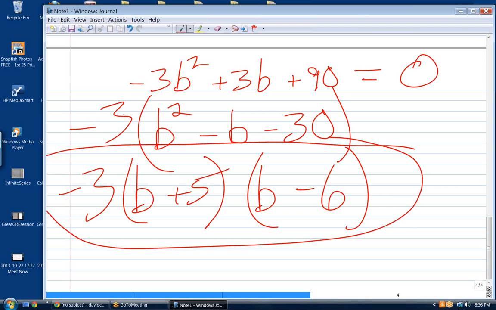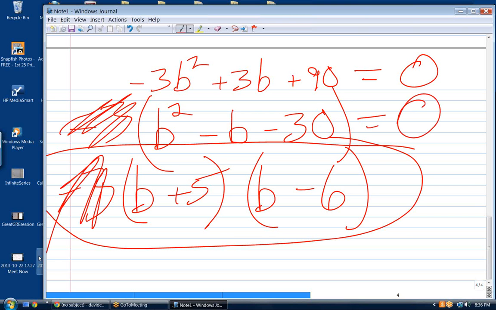So I factored out minus 3, divided both sides by minus 3, and you get this. And then you can solve it, and you don't have to carry your minus 3 for it. And the solution, the zeros for this function, would be minus 5 and plus 6. In other words, b equals minus 5, or b equals 6 will be a solution to that equation.